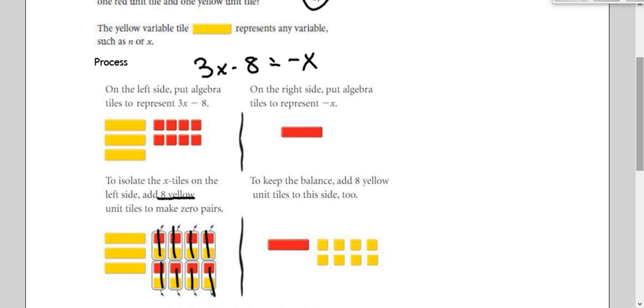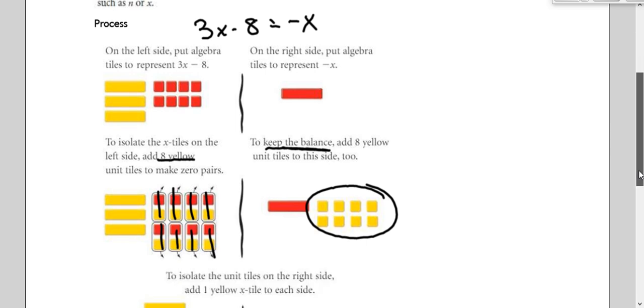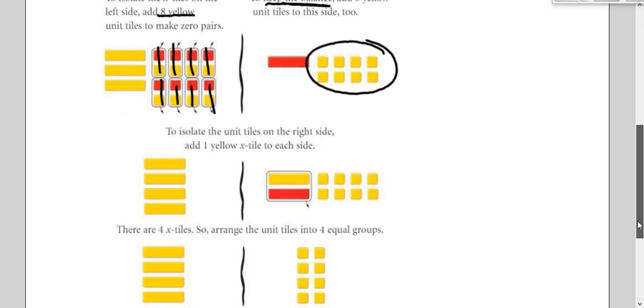Now from that balance scale, to keep the balance, we need to add 8 yellow ones to the other side as well. Doesn't matter that they don't have a 0 pair, because what we want to do is isolate these guys.